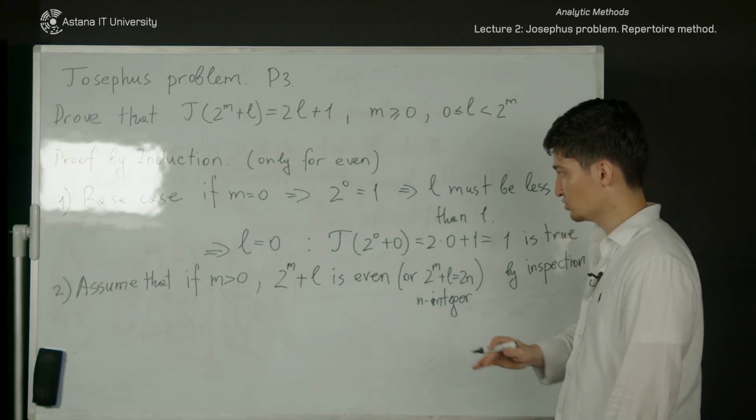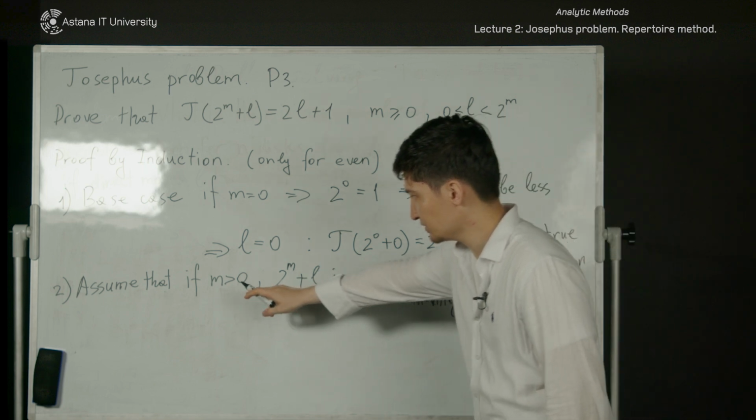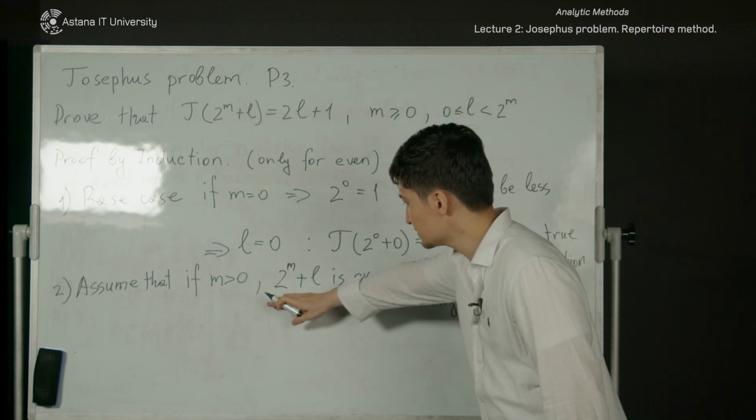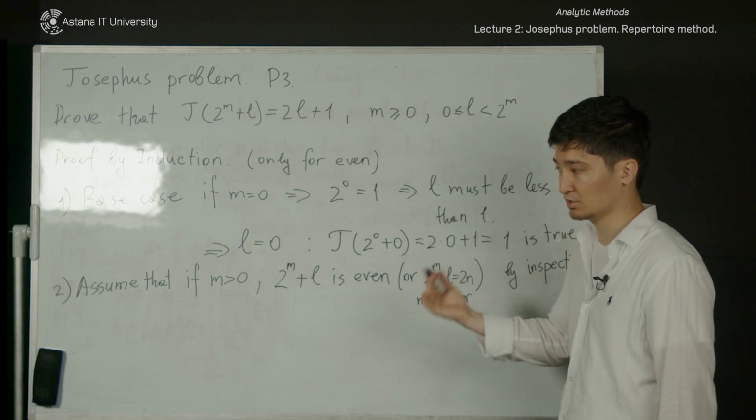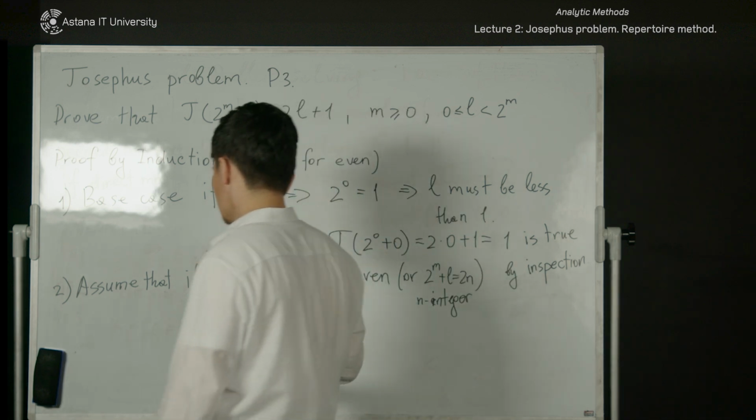So if m is greater than 0 and this number is even, we're going to assume that the formula will give us a correct answer, or we're going to assume that it is true.